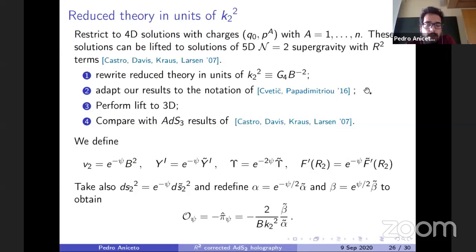And because we can then use their lift to 3 dimensions to compare our results in AdS2 with the results of AdS3 that were done in the paper of Castro et al. in 2007. So the whole idea is to, as I had introduced before, just redefine your fields to make the dilaton evident everywhere. And you also will need to redefine your 2-dimensional metric in a way, specifically the modes of the metric.